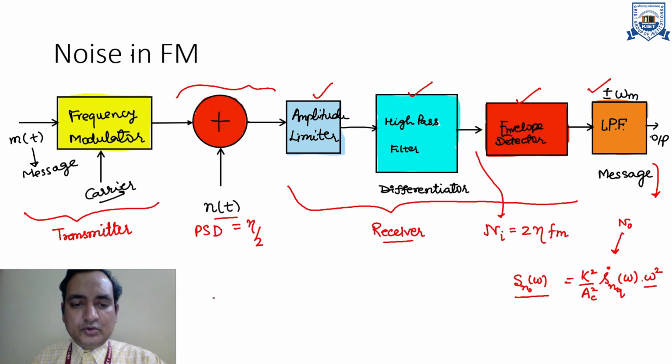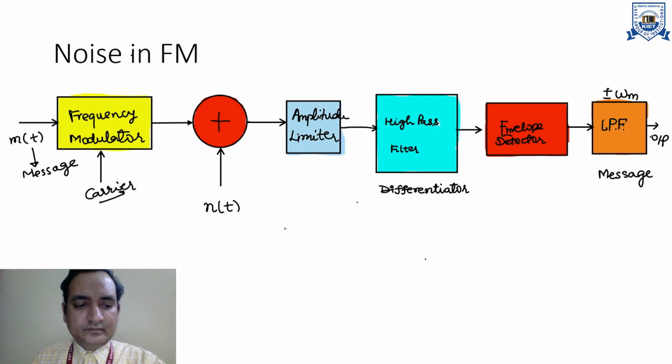Now you can note that S of nq omega is equal to eta for mod of omega less than or equal to omega m, where 2 into Fm into pi is equal to omega m.